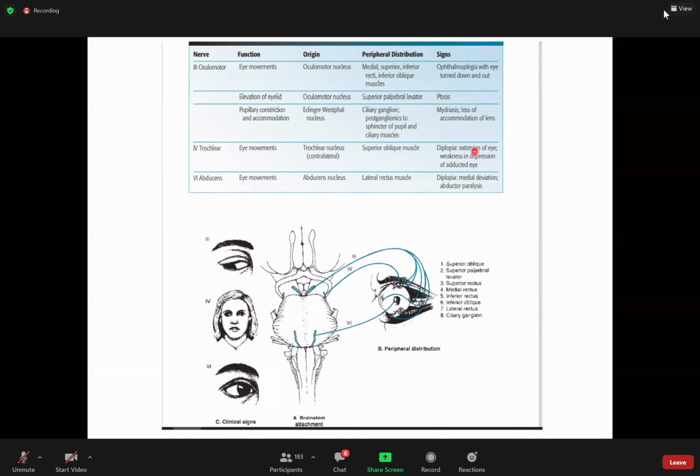Like when you are going down the stairs, you need your eyes to go down and medially. You need your eyes to adduct and go down. This is the function of the superior oblique. When it is weak, you cannot adduct and move the eye downward.